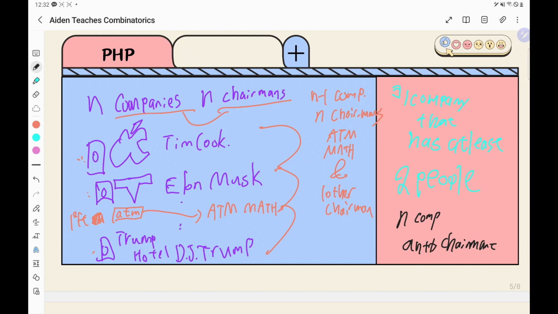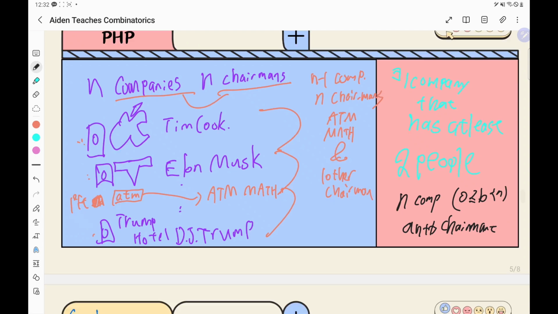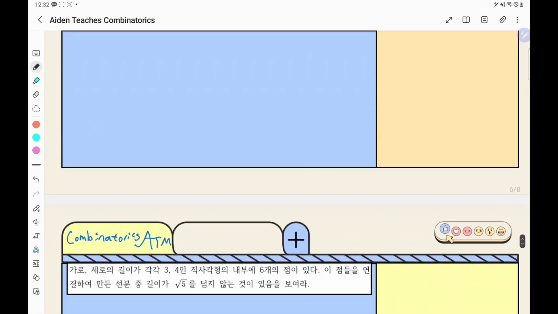If we have a n plus b, where b is over 0 and smaller than n, then at least we have one company that has a plus 1 people. That's obvious. So now I'm going to go to another problem.